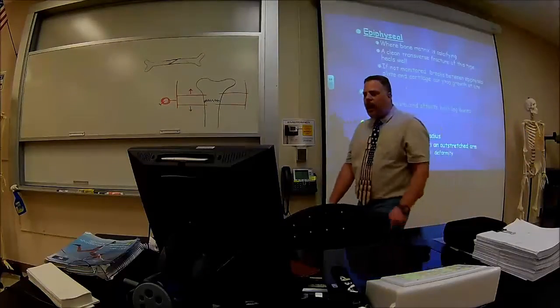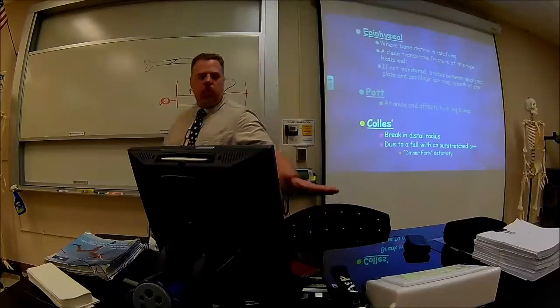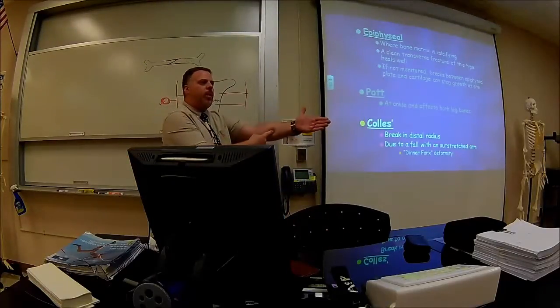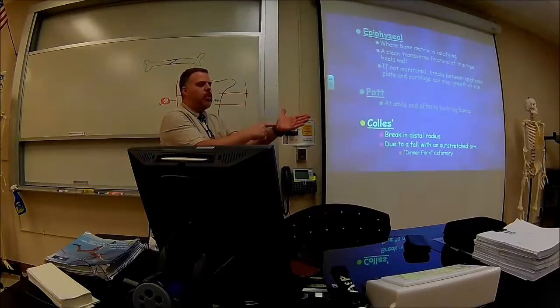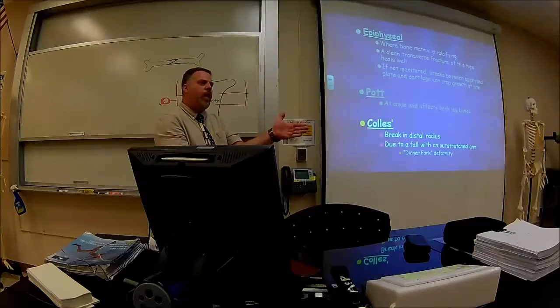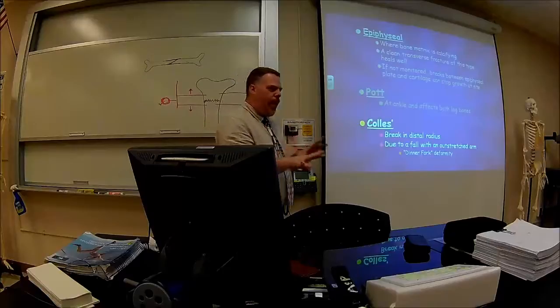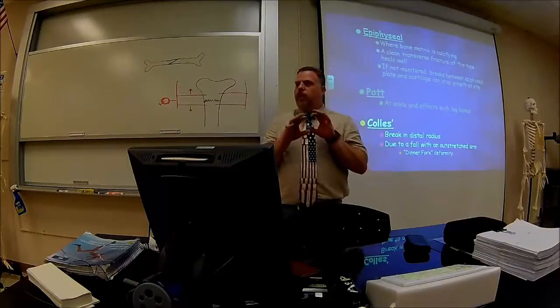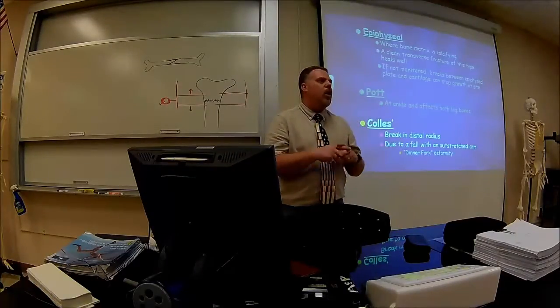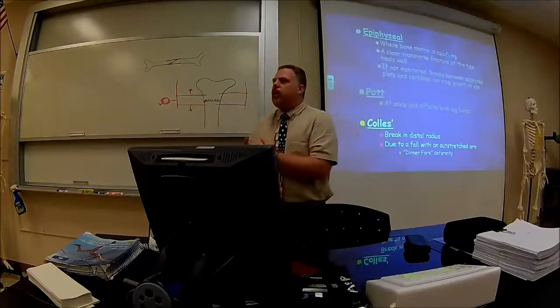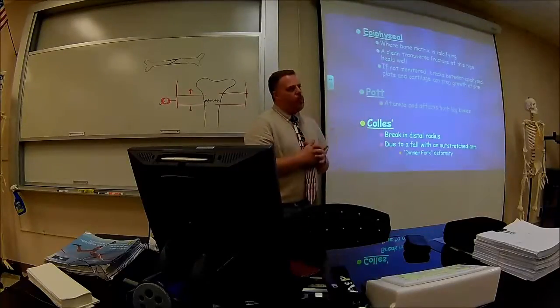We also have a Colles fracture, and this is where we have 2 bones in our forearm. And if the radius at the distal end breaks in a certain way, we call it a Colles fracture. You could look at the hand and the wrist, and you could see if it's a Colles fracture or not. The history will tell you a little bit. Here's a typical case.